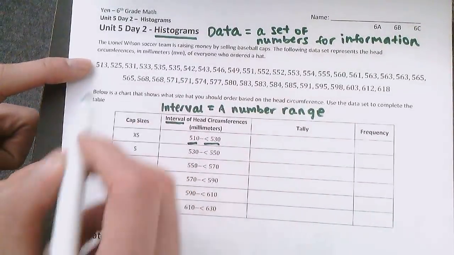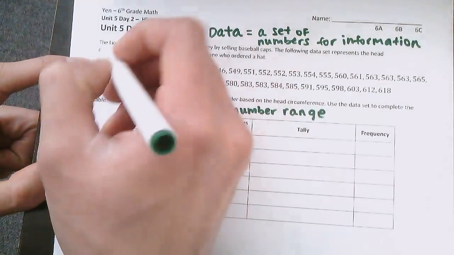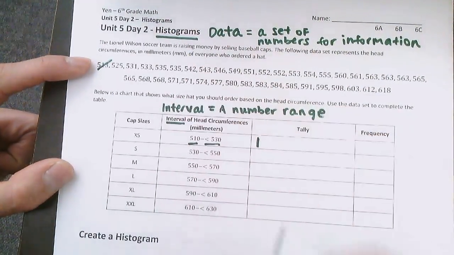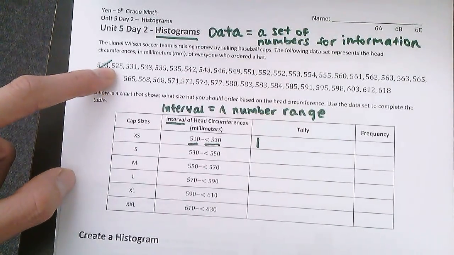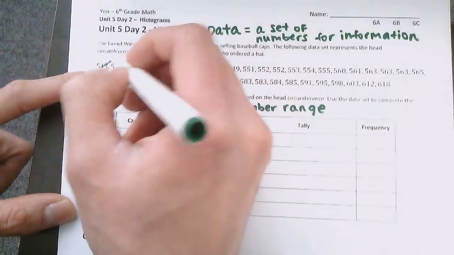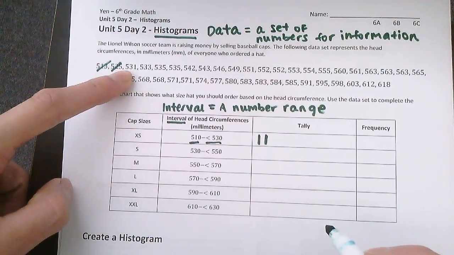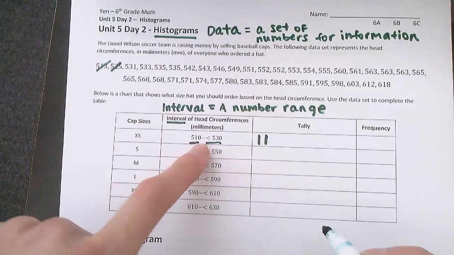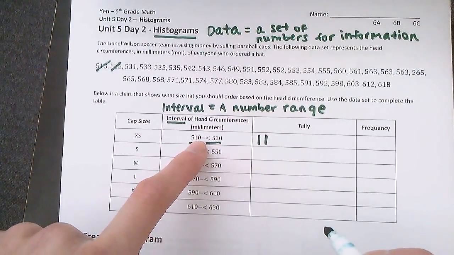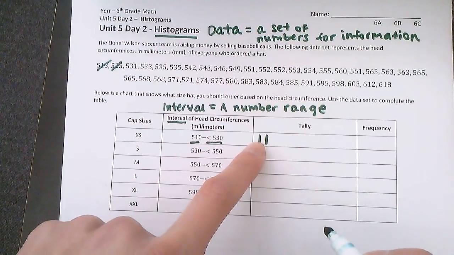Let's start here. 513, okay, that's between 510 and 530. That's one tally mark. 525. That's between 510 and 530, so another tally mark. And then the next number is 531. 531 is not between 510 and 530, so I'm not going to put it in this interval.